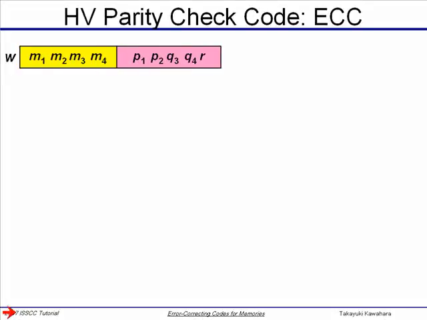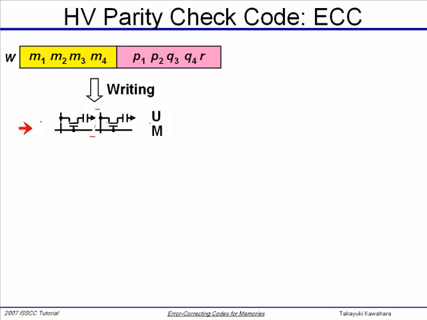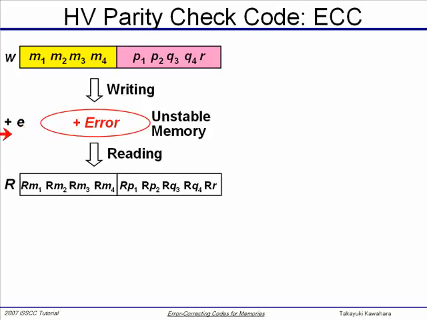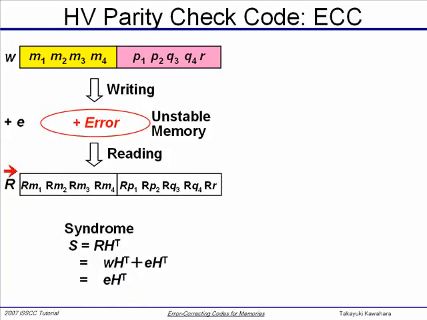That's why we calculate the syndrome. Recall that we write the code words into the memory cell, but the value is very unstable. Therefore, that makes some error, so the read-out data contains the error. So therefore, we can calculate the syndrome.